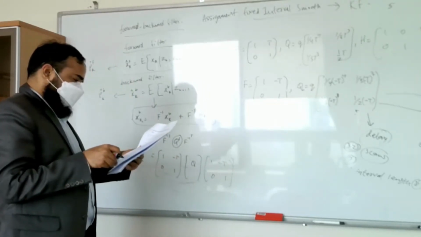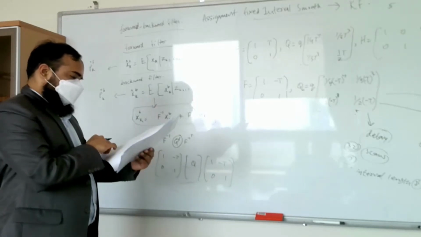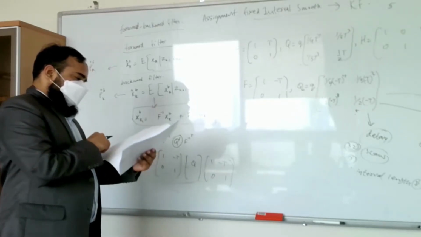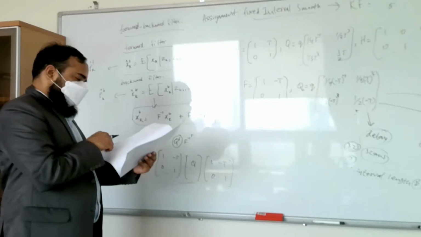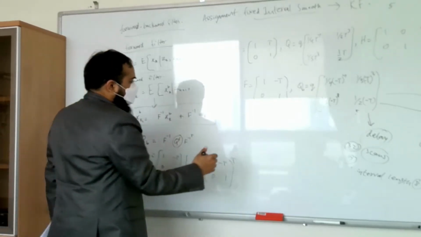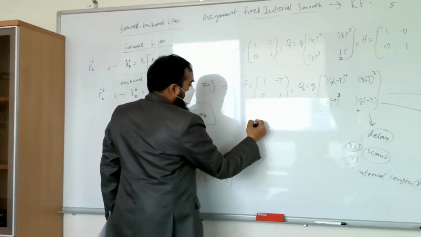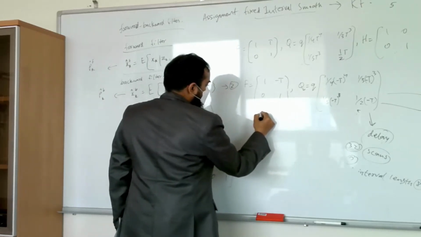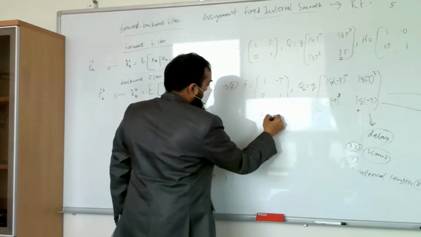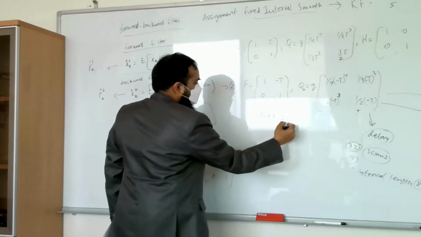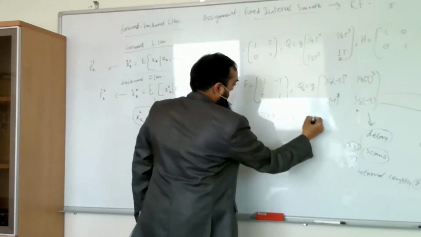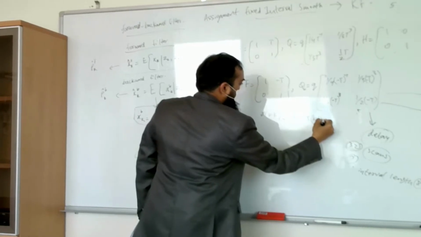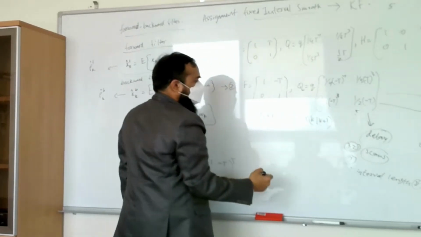Why is the notation the same? The Kalman filter prediction, x_k|k, f, k plus 1, like this one.